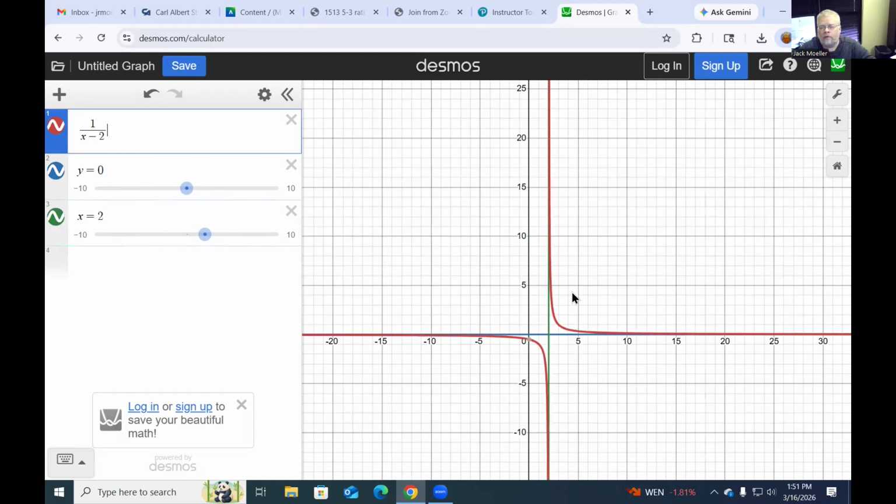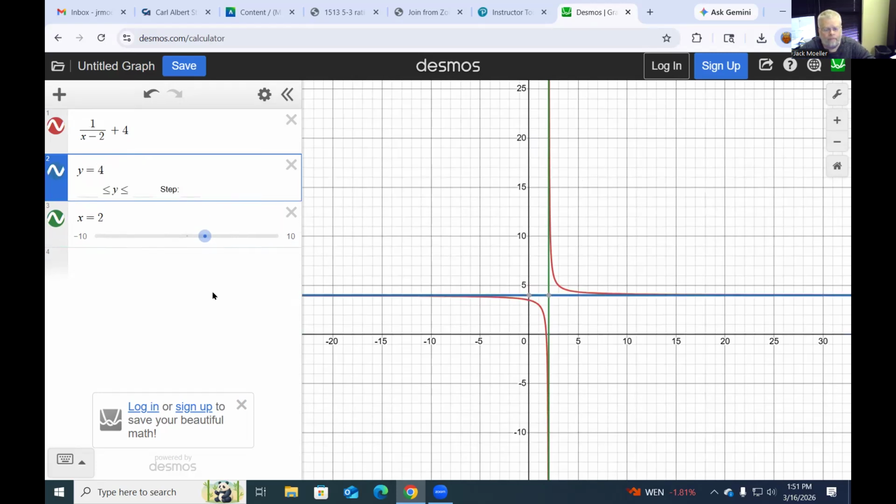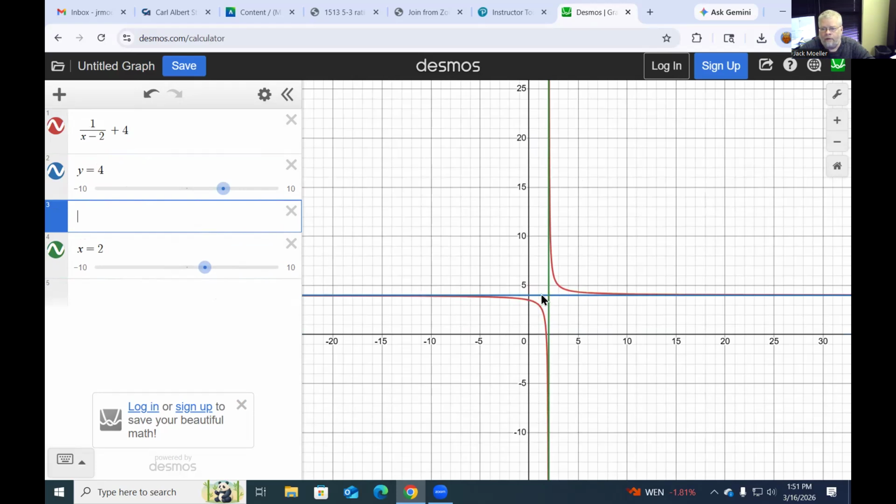How do we do a vertical shift up or down? Well, we add something outside the function. So let's say I add 4 outside the fraction part. Now, if you notice, it went up 4, and so the horizontal asymptote is now at 4. So when we get into transformations, we're taking that graph that's at 0, 0.